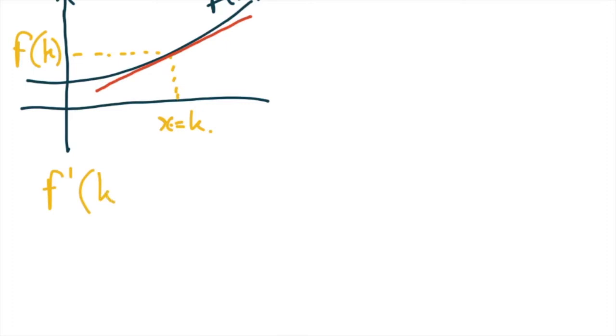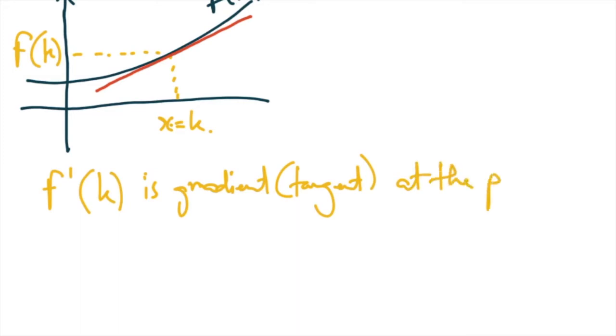Since it's k, that will be the tangent gradient at the point x equals k. And we have seen this in our previous lesson.